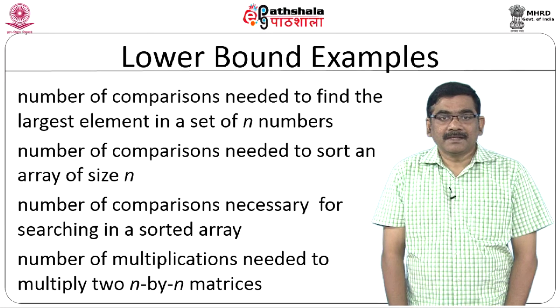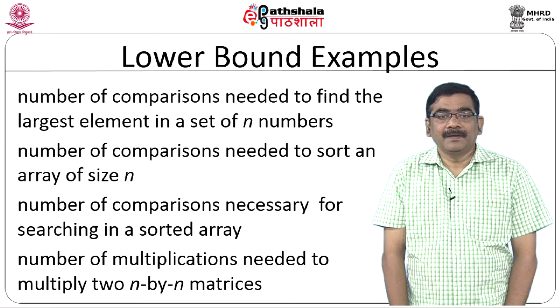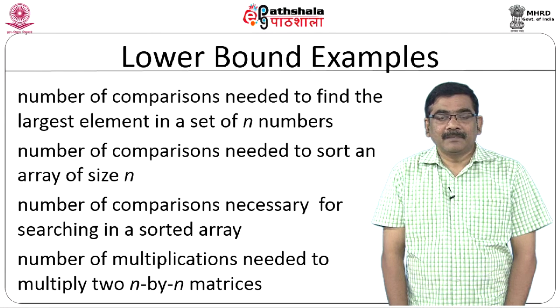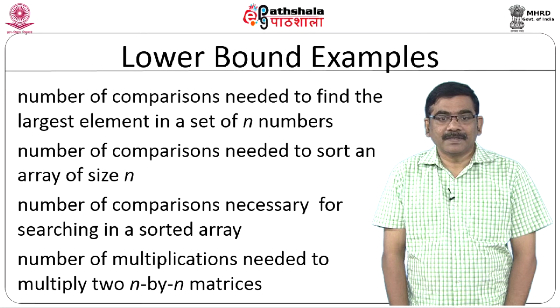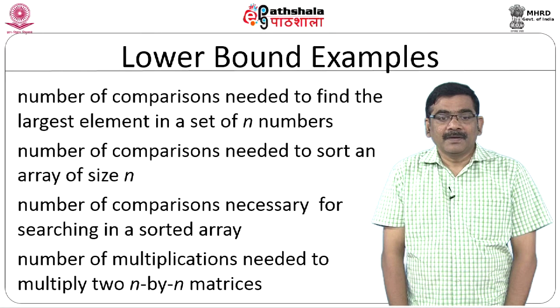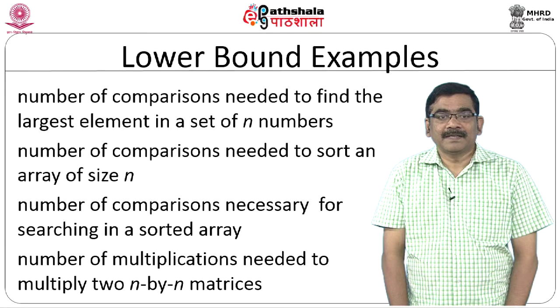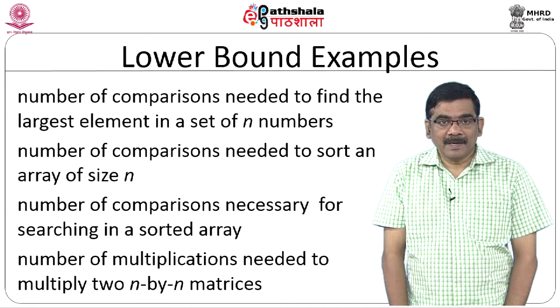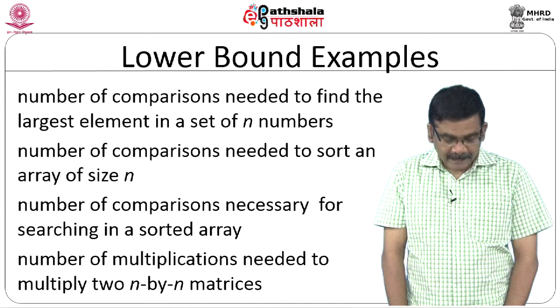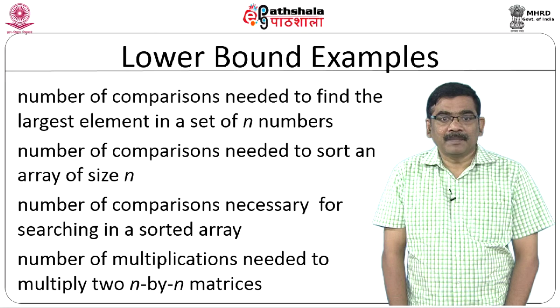If you are taking a sorting problem, you can say that the minimum number of comparisons that is required to sort is the lower bound. If you are taking matrix multiplication, we can say that the minimum number of multiplications necessary to carry out matrix multiplication is going to be the lower bound.